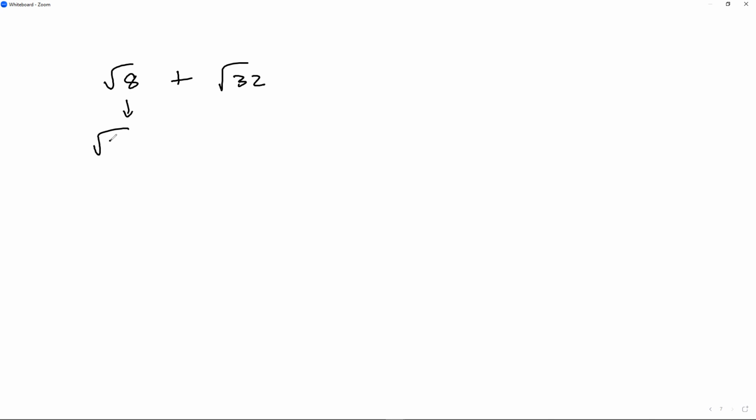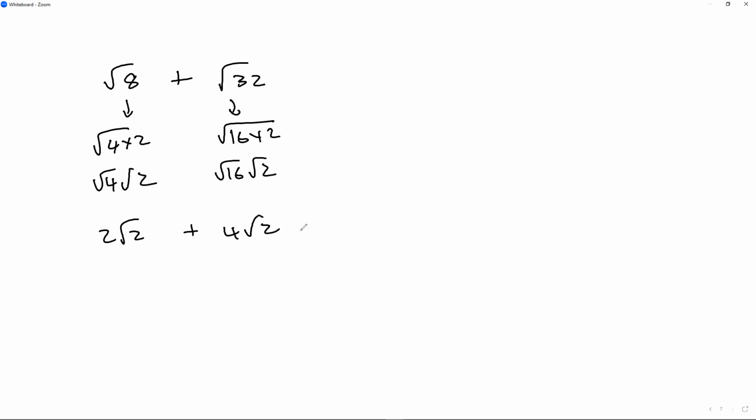This is the same as 4 times 2, which is root 4 root 2, which is actually 2 root 2. This is 16 times 2, and that's root 16 root 2, which is actually 4 root 2. 2 plus 4 is 6, so this becomes 6 root 2.